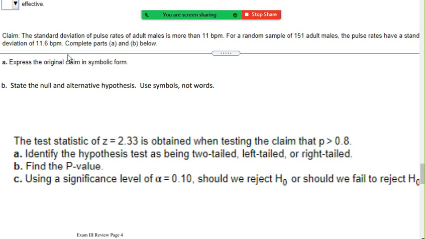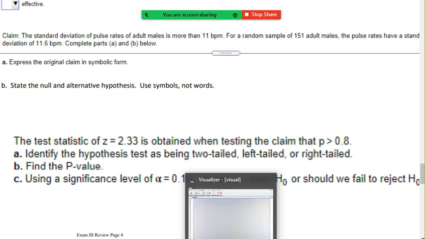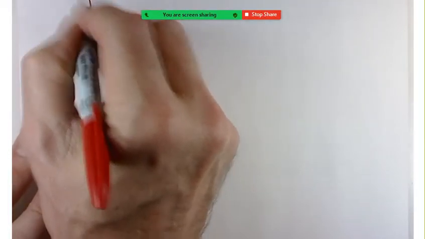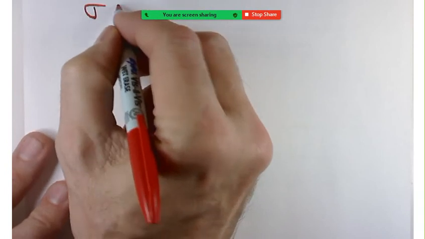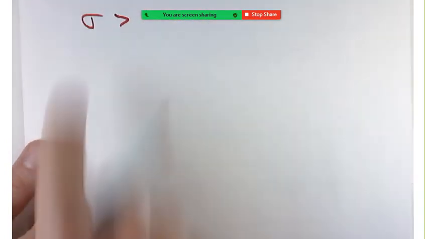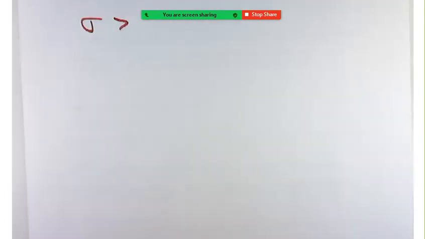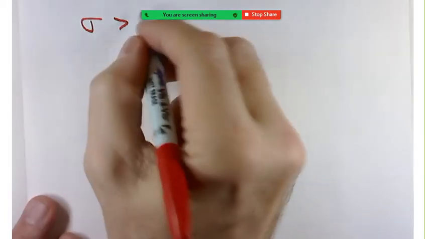Claim: the standard deviation of pulse rates is more than 11 beats per minute. Now I'm going to help you out on this because I want to get you out of here. When you're talking about claims, you want to write those in terms of a population parameter. If you write s, or x bar, or p hat, you're going to lose points. They have no place in a hypothesis test.